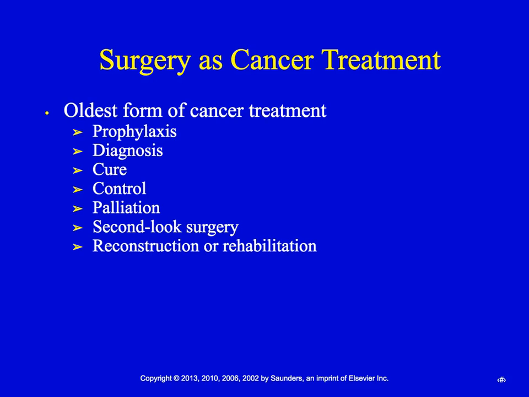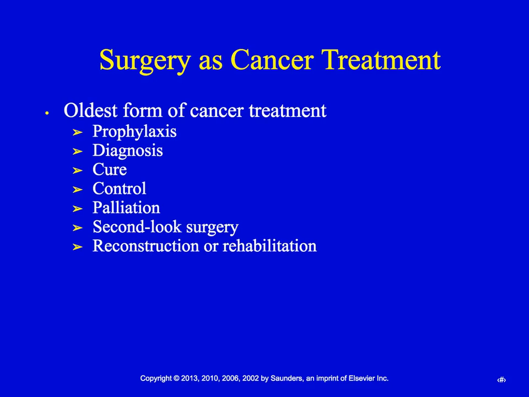Typically, the prophylactic can be done sometimes just to remove something that has not spread and just to prevent any further issues from happening. We talked about sometimes patients might have an organ removed or some part of their body removed prophylactically because they feel they're at risk for getting cancer.